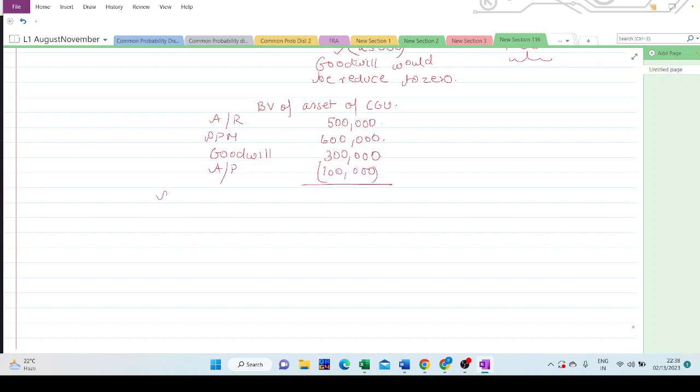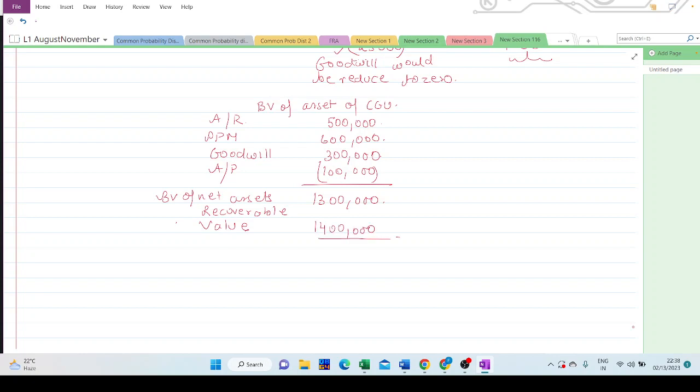So book value of net assets हो गया कितना? 13 लाख. ठीक है, now recoverable value is 14 lakh.